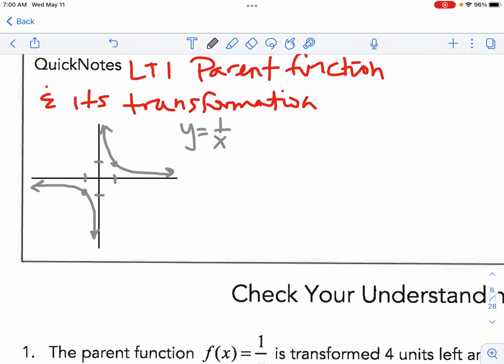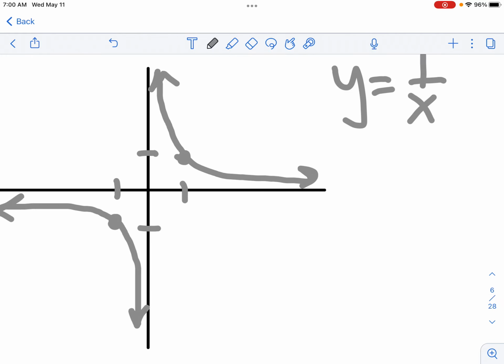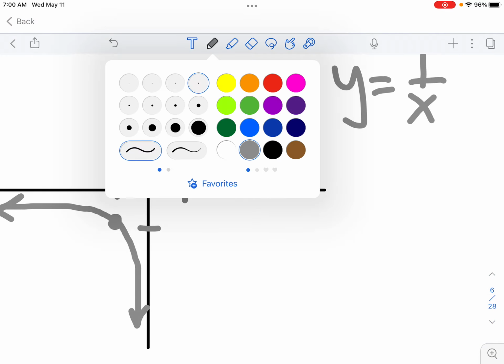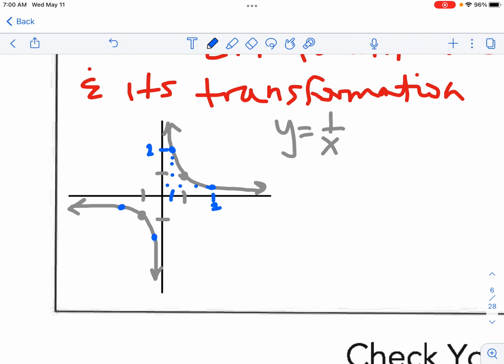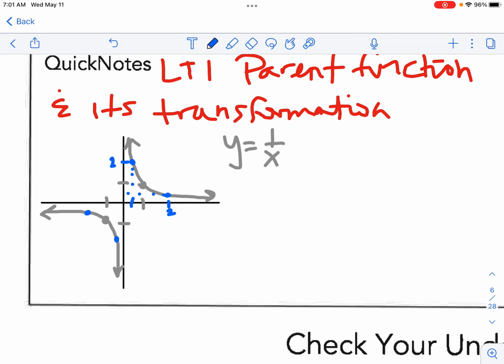If you want to add a little detail, I would typically do this point at 1/2 and 2, and then I would draw this point at 2 and 1/2. I would typically go after those points as well, just to get the curvature. But yeah, that would probably be the most that I would draw.